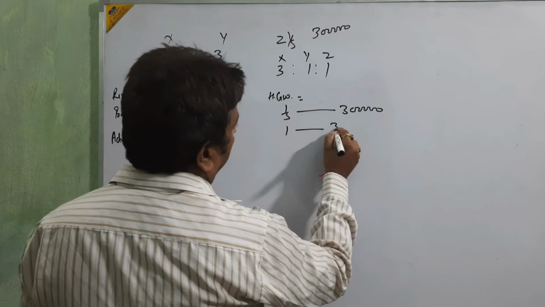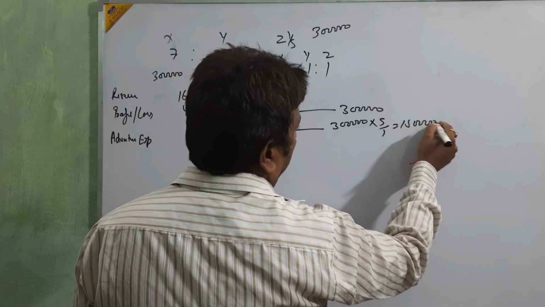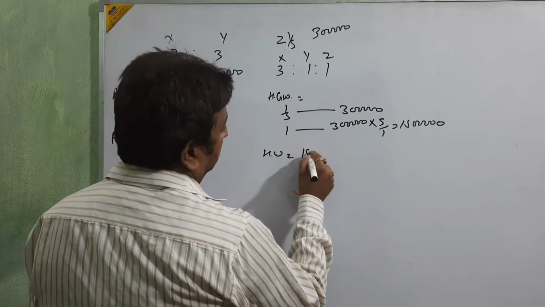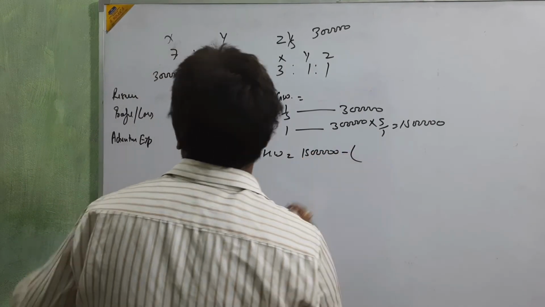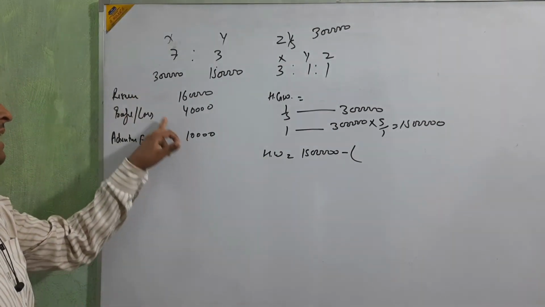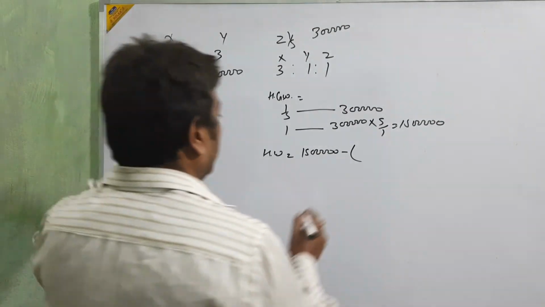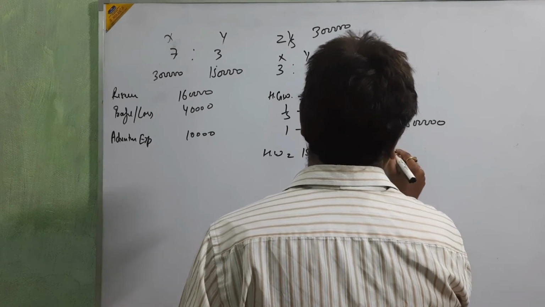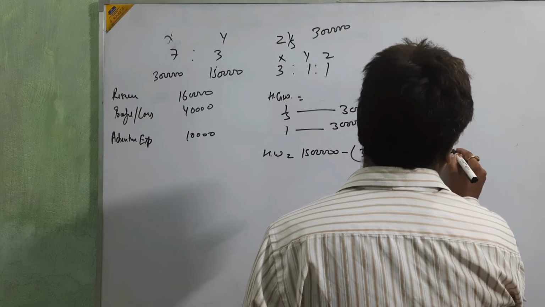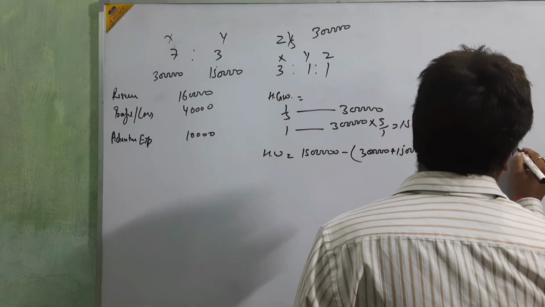So 3 lakh into 5/1 means 15 lakh. Then hidden goodwill is equal to 15 lakh less the assets. We take all the liabilities and capitals, but the advertisement expenditure is an expense, so we deduct that amount. It is 3 lakh plus 1,50,000 plus 1,60,000 plus 40,000 less 10,000.